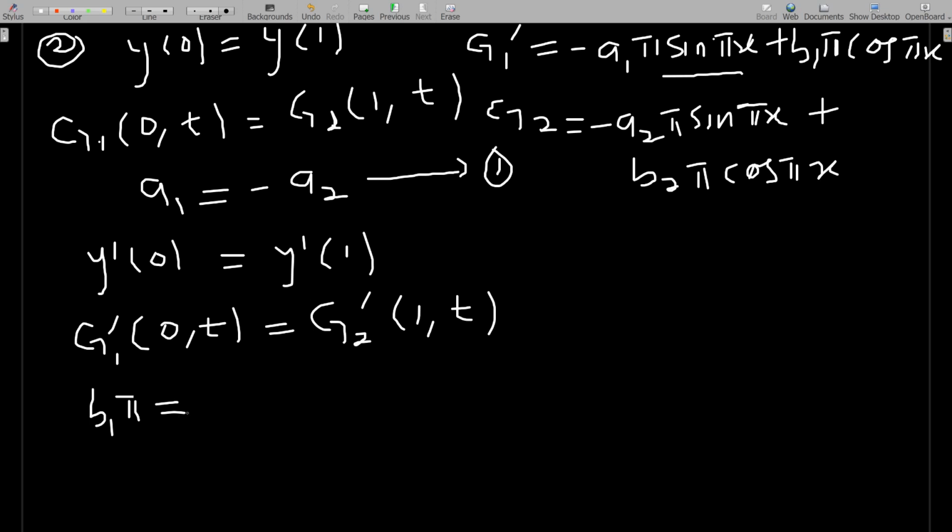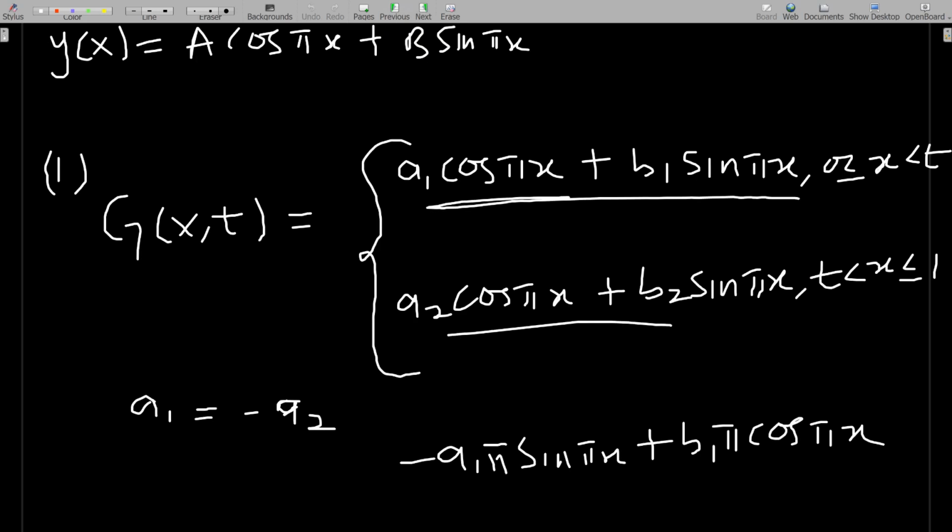For g2 prime of 1,t, sine pi is 0 and cos pi is negative 1, so we get minus b2 pi. Pi cancels pi, so b1 equals minus b2. Call this equation 2.